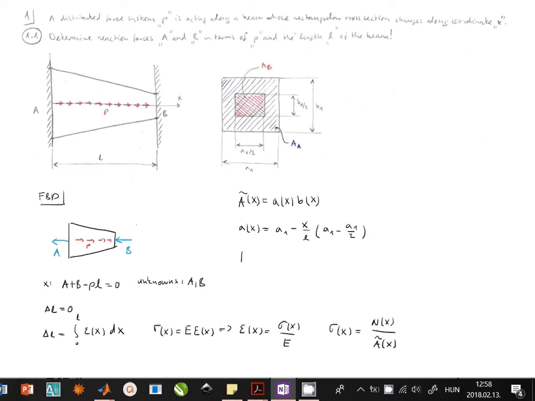Now let's see how to characterize the height of the cross-section of the beam the very same way. So we have to replace a with b, and then we have the proper function for the height of the cross-section of the beam.